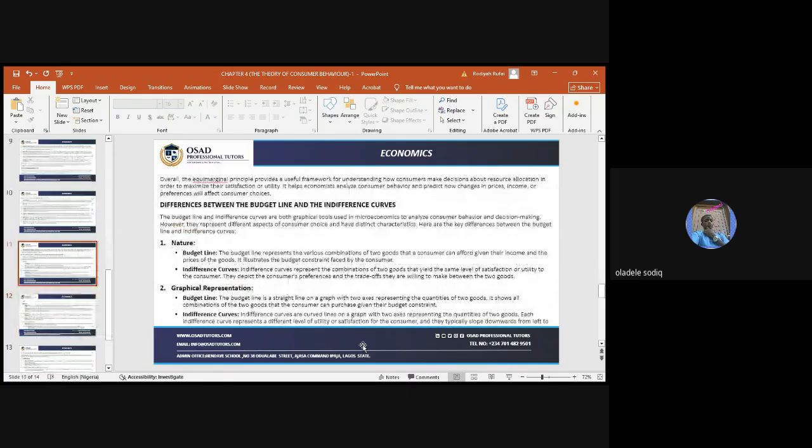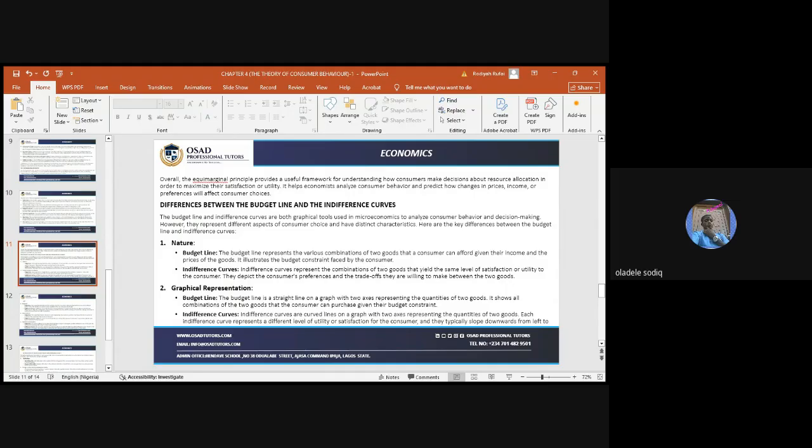Then we also have the differences between budget line and indifference curve. Please let's take note of this particular slide. What are the differences between budget line and indifference curve? The budget line and indifference curves are both graphical tools used in microeconomics to analyze consumer behavior and decision making.